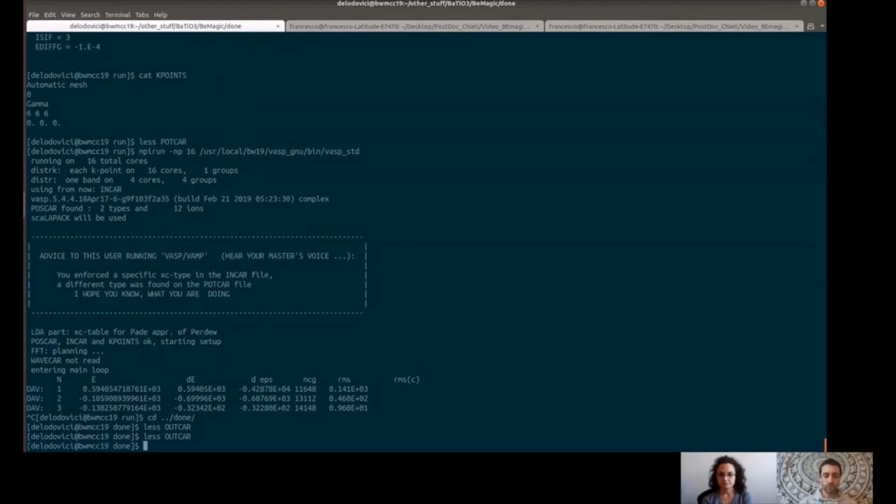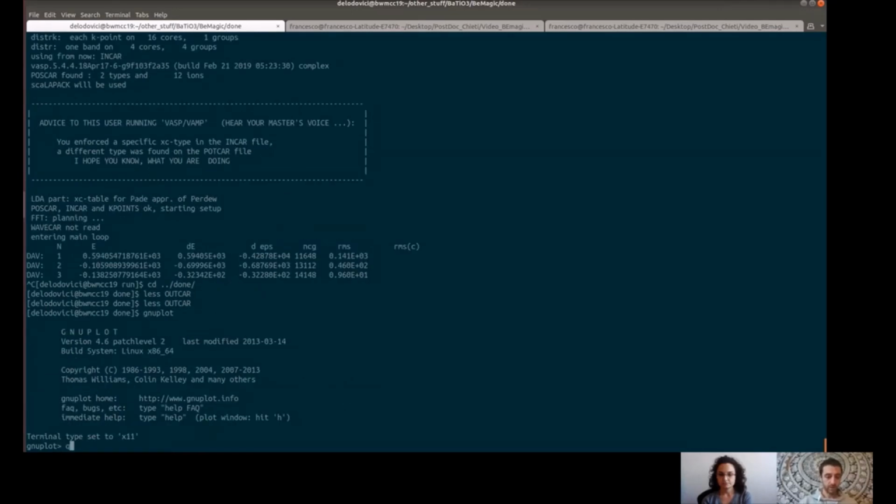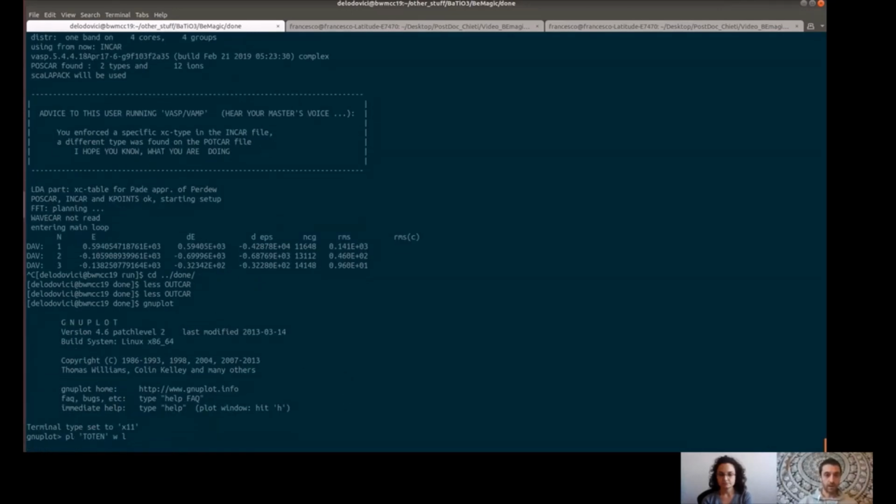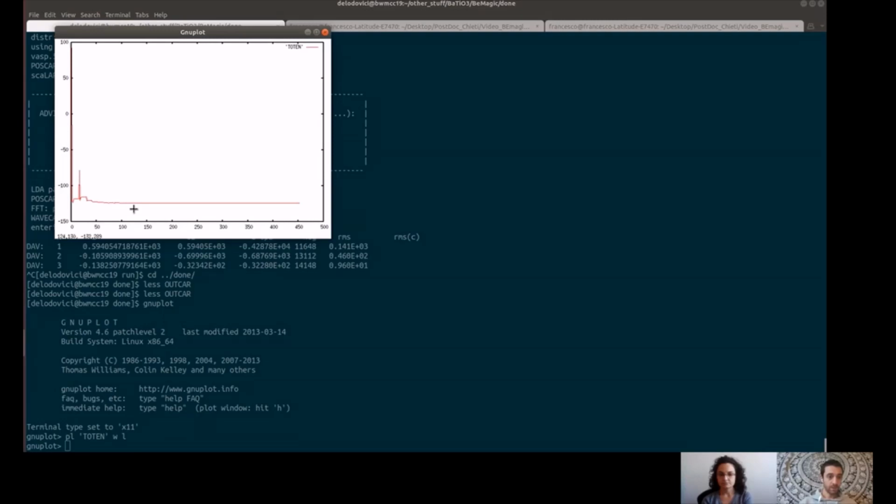Now, what we can do from the OUTCAR is collect all the global information produced during the simulation, and for instance, we can plot the trend of the total energy as a function of the step. So you can see that at the beginning we have a very efficient dynamics moving from the initial approximate configuration of the system, and then we are quickly moving toward the global minimum.